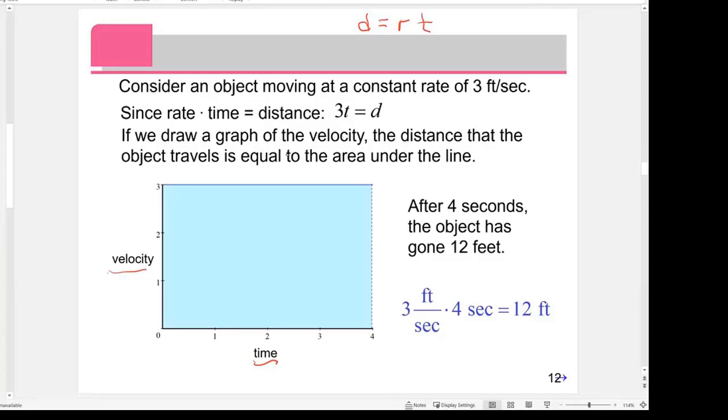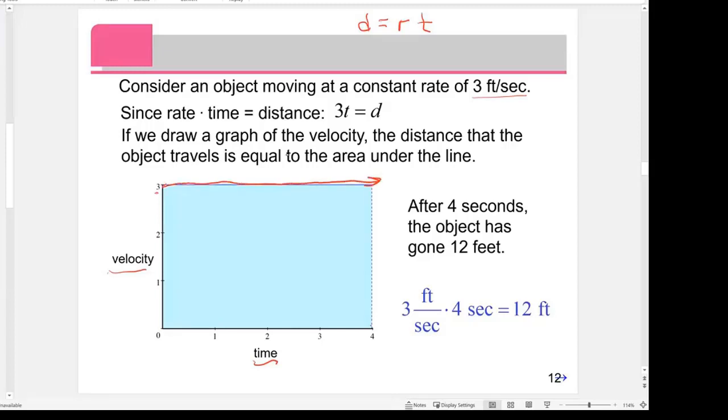Consider an object moving at a constant rate of 3 feet per second. There's my 3 feet per second. And I'm going for 4 seconds. If we draw a graph of the velocity, since it's a constant, it would just be this.